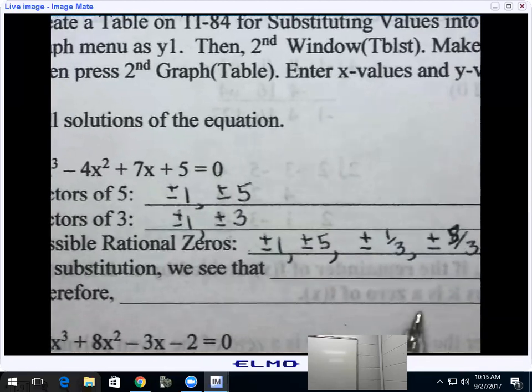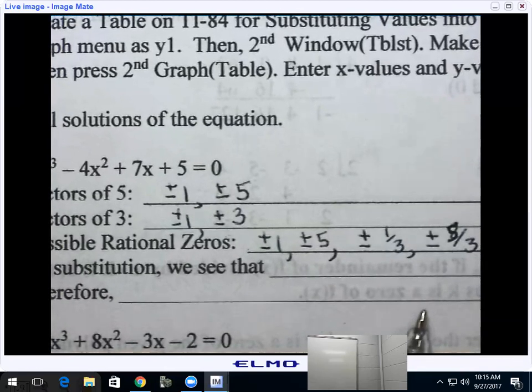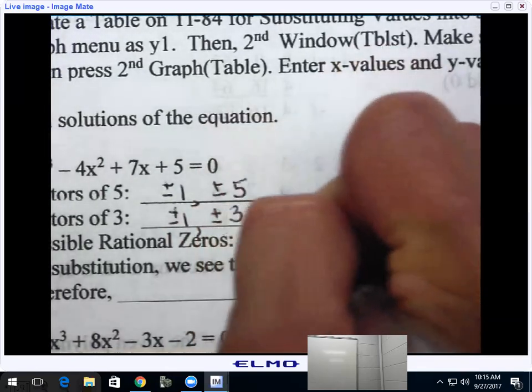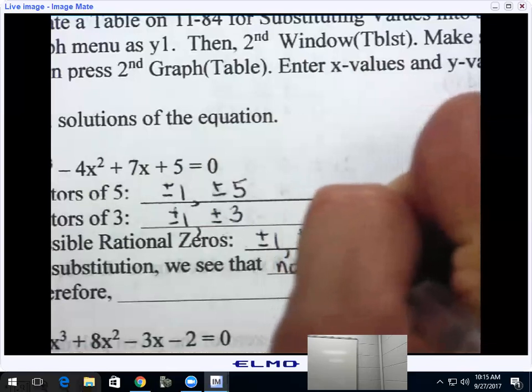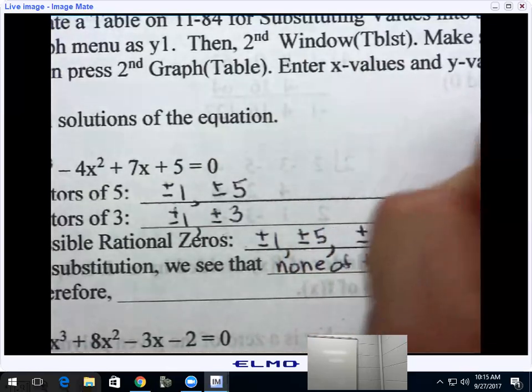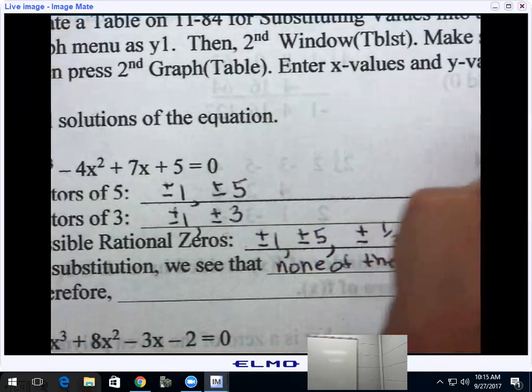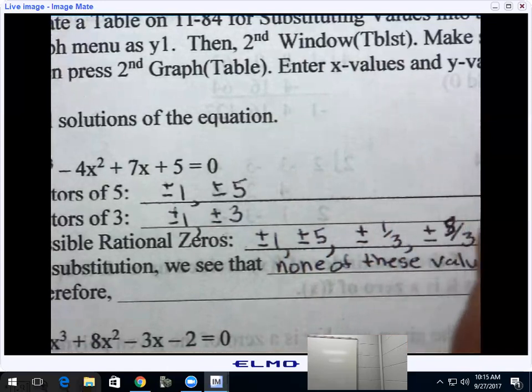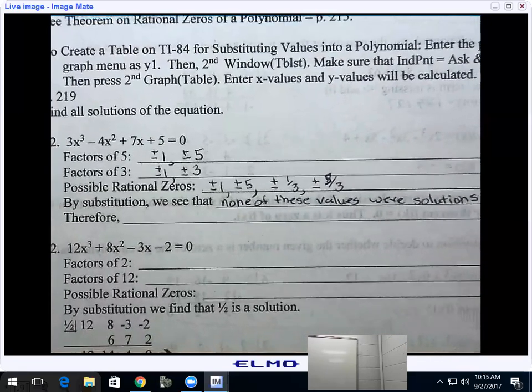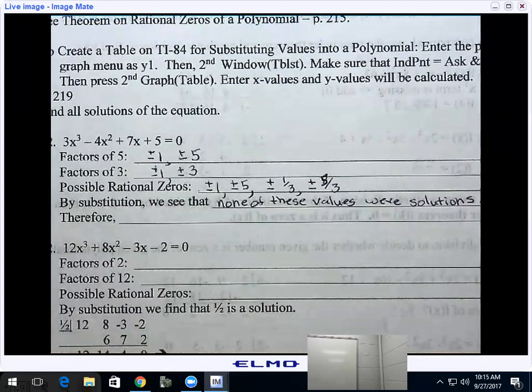I'm going to go ahead and tell you that I tried all 8 of those numbers, and none of them worked. None of those 8 values were solutions.